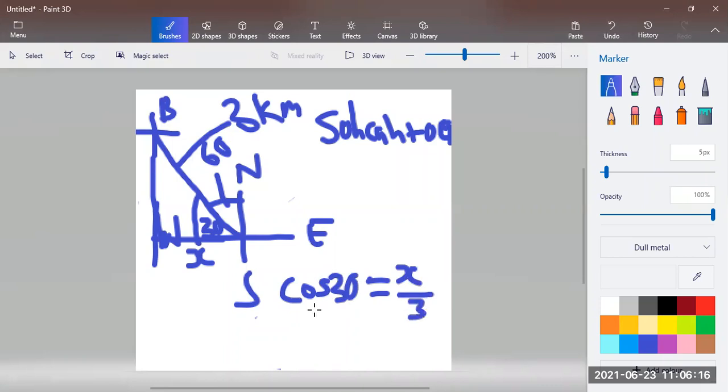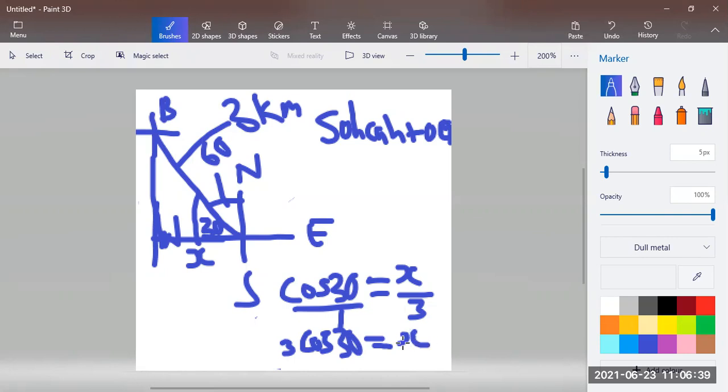So this is a typical equation that you can consider to make x the subject. So I can have 3 cos 30 degrees should be equal to our x.